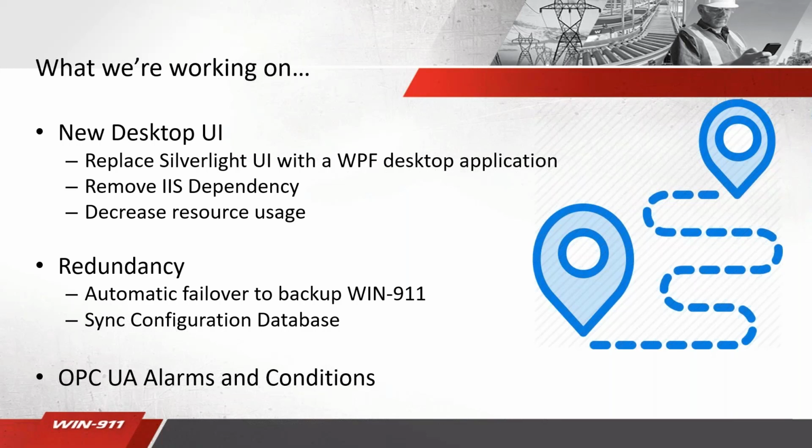Restore those on the backup so that the configuration is the exact same. So they're working on some sync configuration of that, so it's going to automatically sync over to the other backup machine. We're also working on the OPC UA alarms and conditions. So right now we only support OPC DA, and UA is in the works.